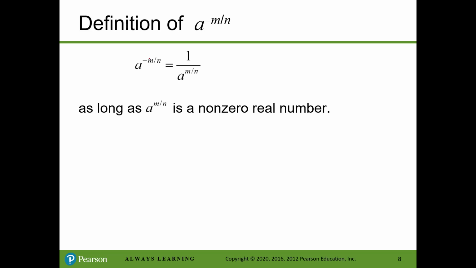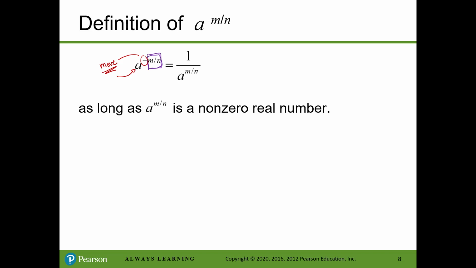Okay. Now, notice this particular definition. We know the m over n already. This is nothing new. What we need to remember is what the negative on an exponent means. Yeah, the negative on the exponent tells you that this a is in the wrong spot. This negative tells me to move the a. And notice the definition.